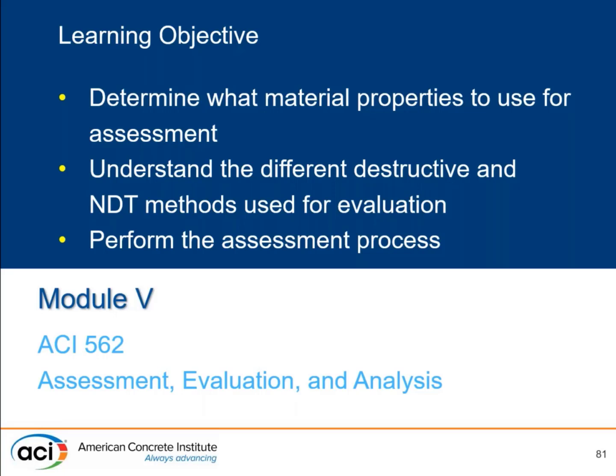And we need to think a little bit about performing the assessment process. There is a ton of material on non-destructive testing methods available in ACI literature, particularly ACI 228.2. And rather than spend a lot of time talking about that today, I'll just point you to 228.2, but we'll mention it briefly.